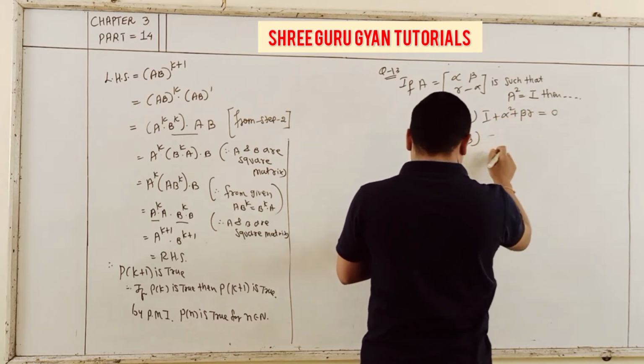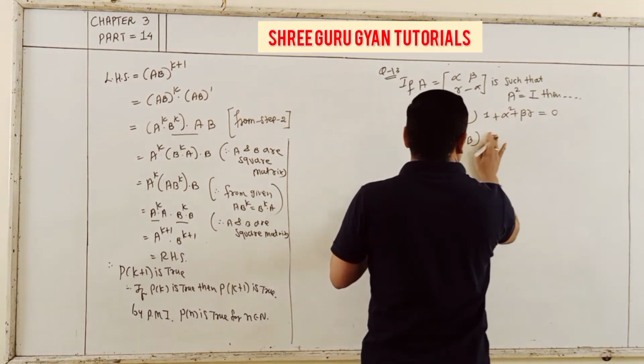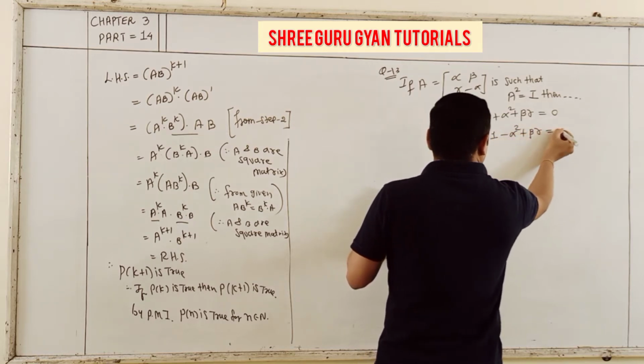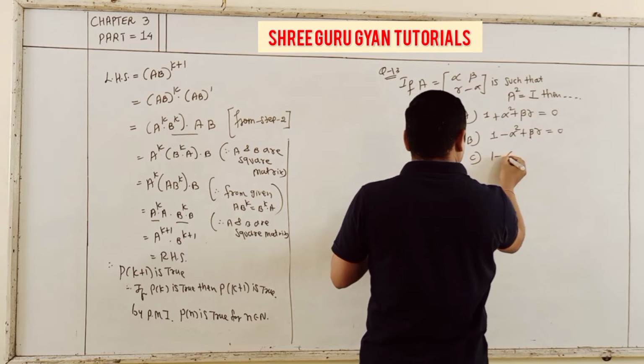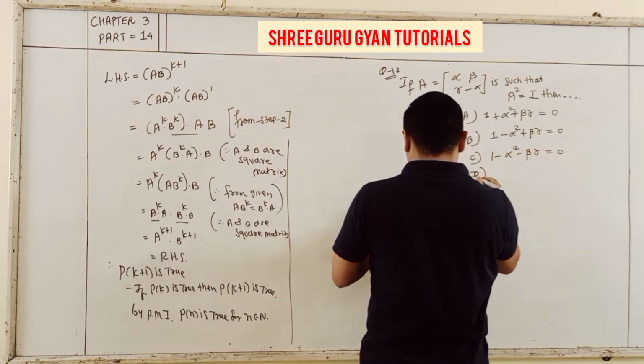Second, it is 1 minus alpha square minus beta gamma equals 0. Third, minus alpha square minus beta gamma equals 0. And last option D.